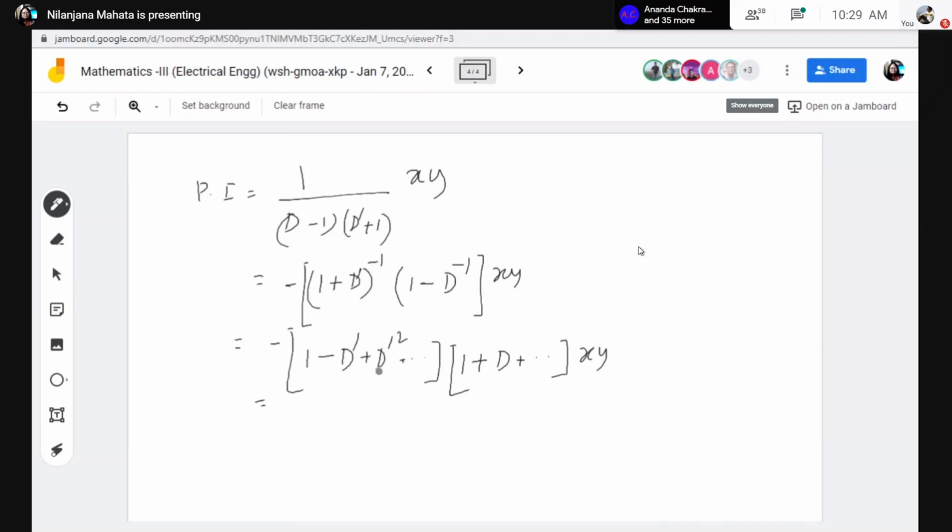And another thing you can do, you can multiply these operators, or maybe it is easier, first you operate on this, there will be only two terms, and then you will operate on these two terms, and whatever you got will be the result.